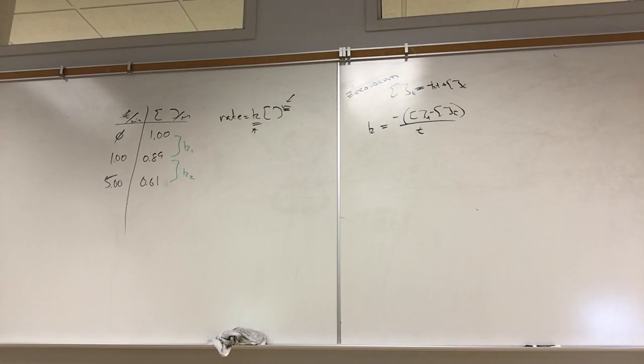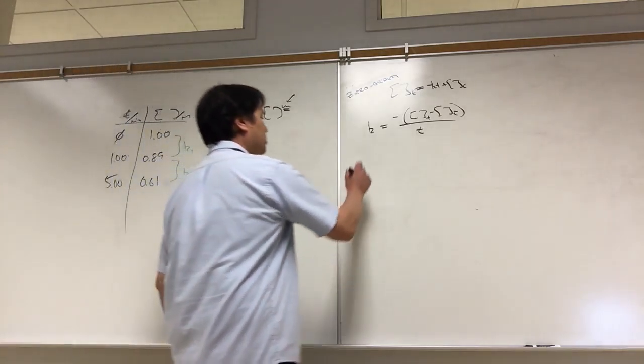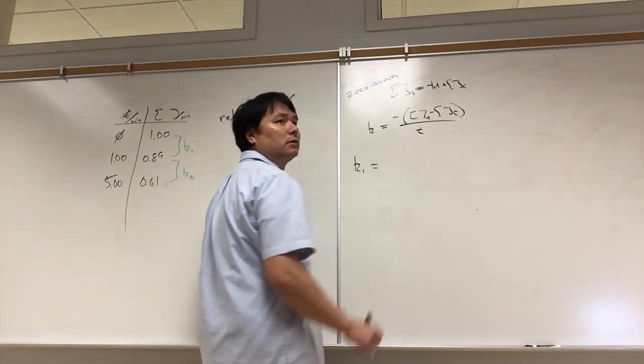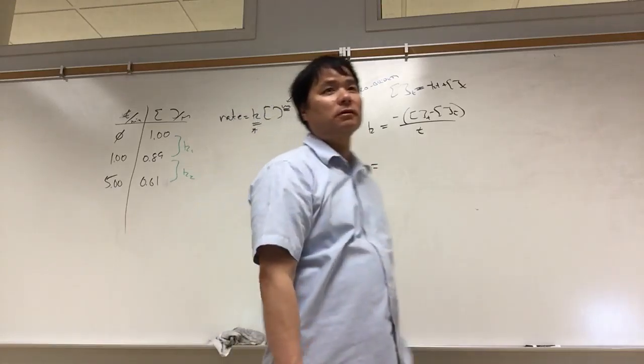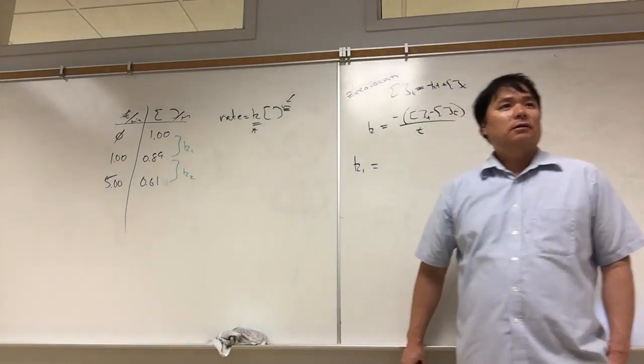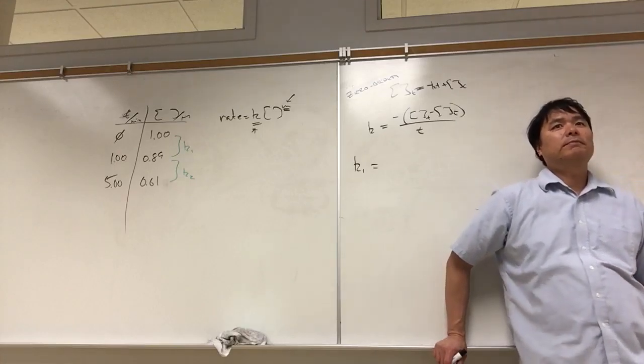So we analyze the K's, and then what do we do next? We'll calculate the individual K's. We'll calculate K1. Do you guys have this in your notes? Yes or no? It's a problem in the homework?